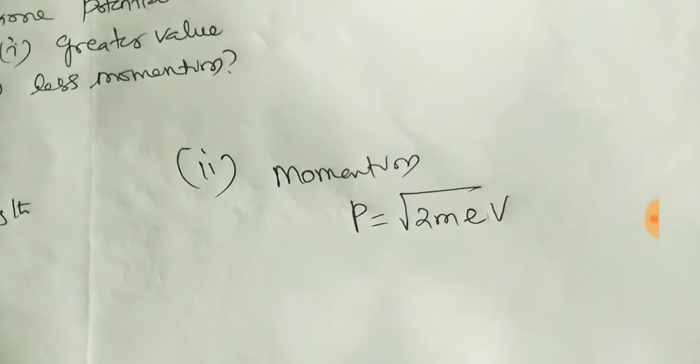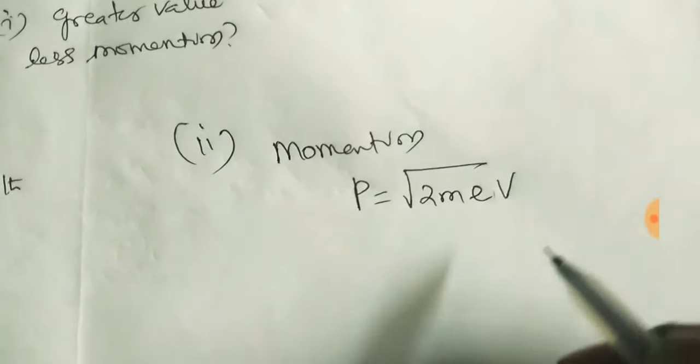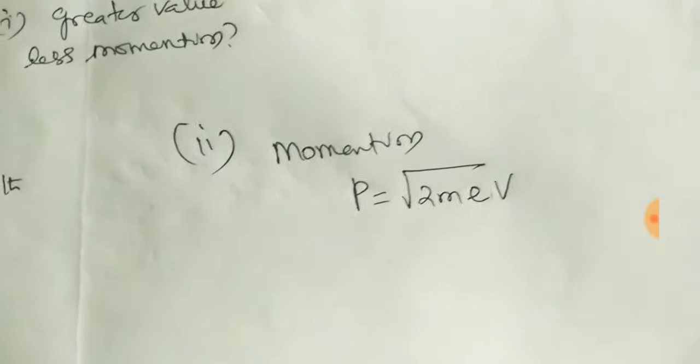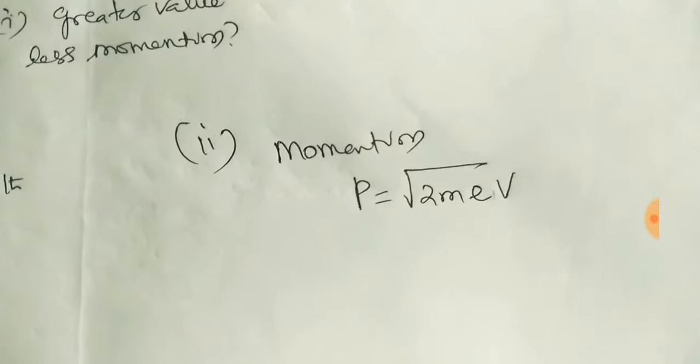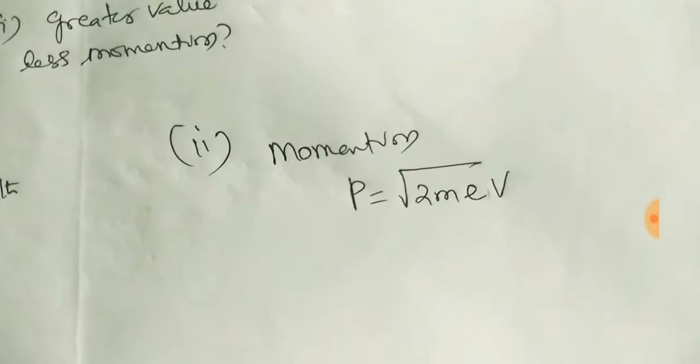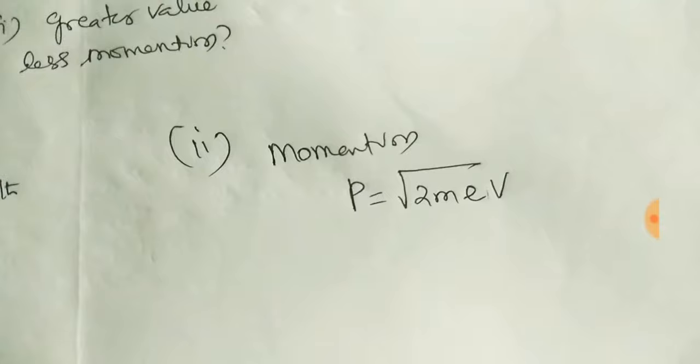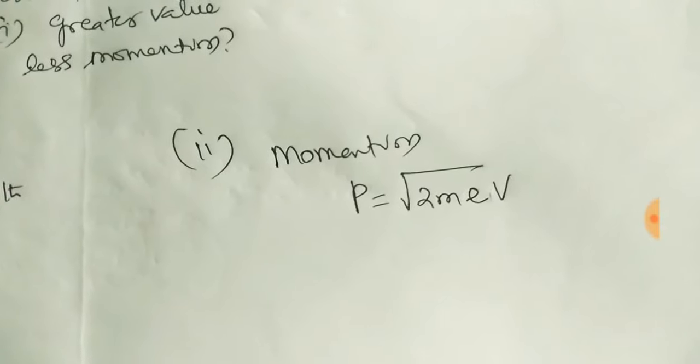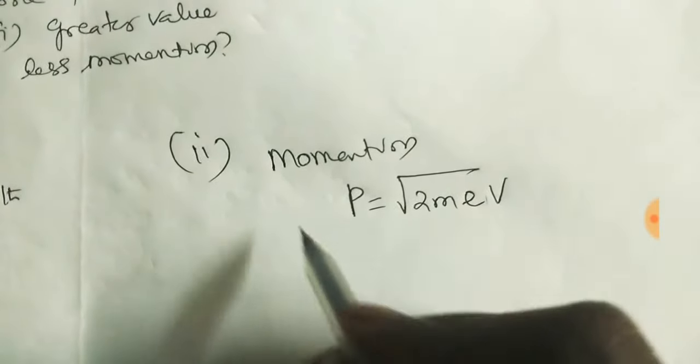The charge of the proton is 1.6 into 10 power minus 19 coulomb. The charge of the electron is minus 1.6 into 10 power minus 19 coulomb.